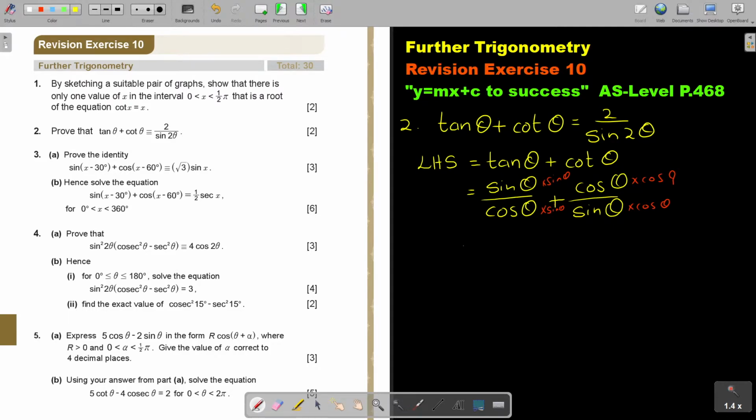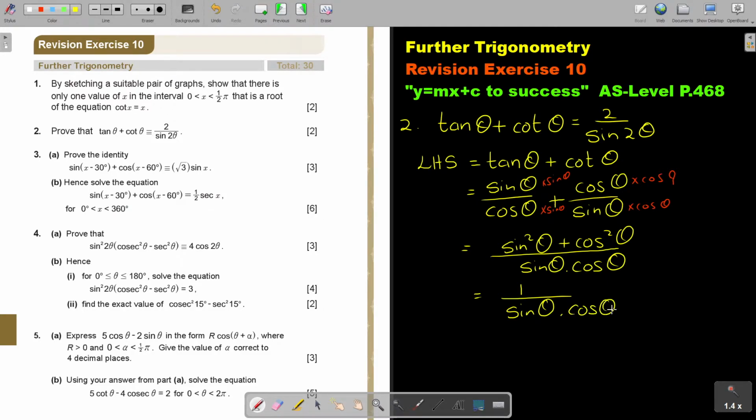So I'm getting sin square theta plus cos square theta over sin theta cos theta. This is very nice because this becomes 1 according to your identities, over sin theta cos theta. But now I have to look, oh, this one is 2.